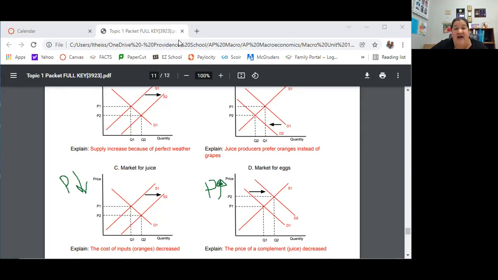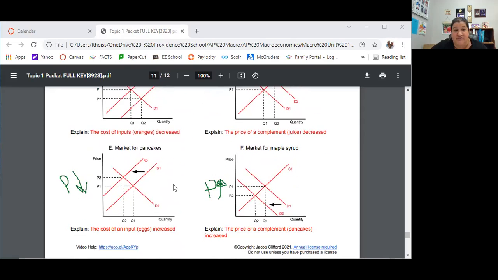What does that do for our next situation, the market for pancakes? Let's erase these. So eggs are more expensive. What does that mean about the market for pancakes?